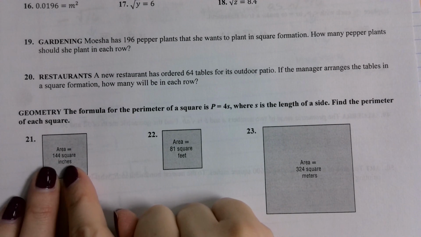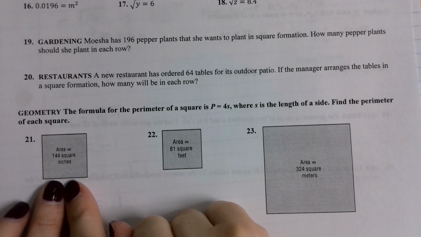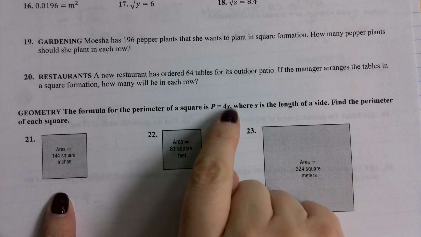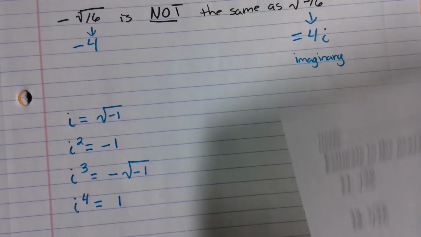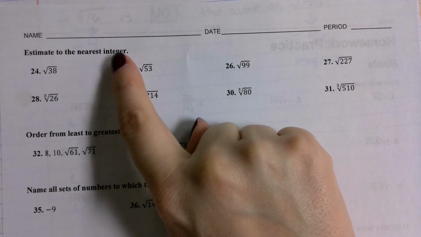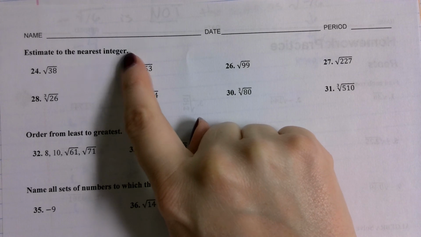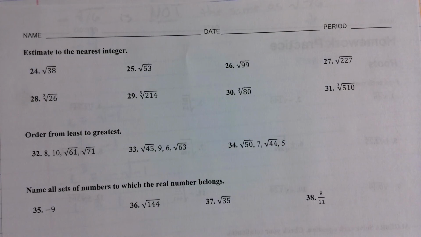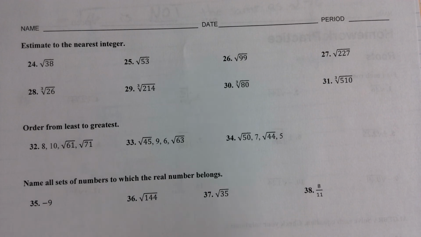Take the square root of the area, that'll give you the side measurement. Once you know the side measurement, all you have to do is multiply it by 4, and there's your perimeter. On the back, you're estimating to the nearest integer. That means I want the nearest whole numbered value. So you're going to do what we did: find the 2 perfect squares that it falls between and which one it's closest to.